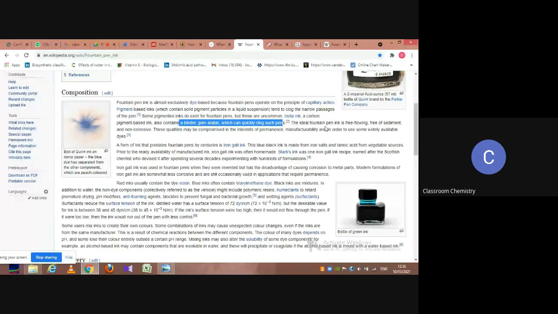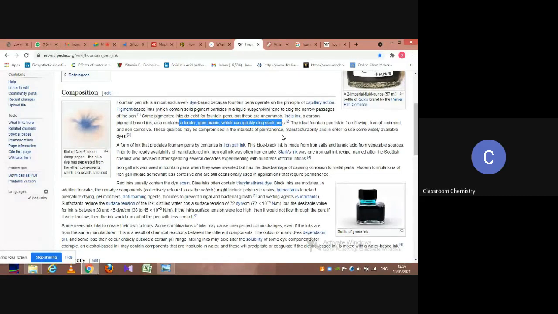So the ideal fountain pen ink is free flowing, free of sediment and non-corrosive. Okay, and this quality may be compromised in the interest of permanence. जर तुम्हाला त्याच्या क्वालिटी मध्ये चेंजेस करायचे असतील तर तुम्ही करू शकता. So there is not any company that discloses their secret compositions.